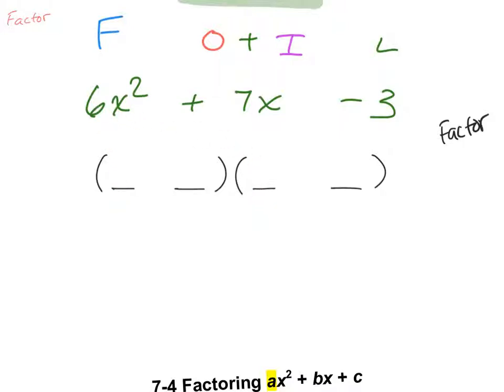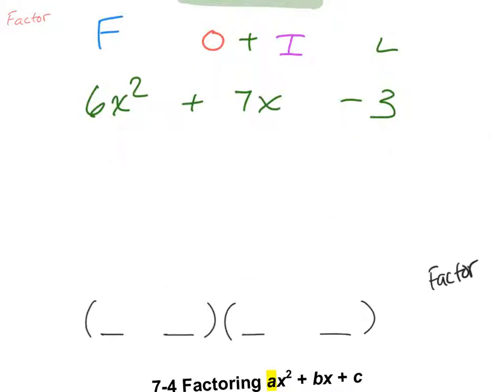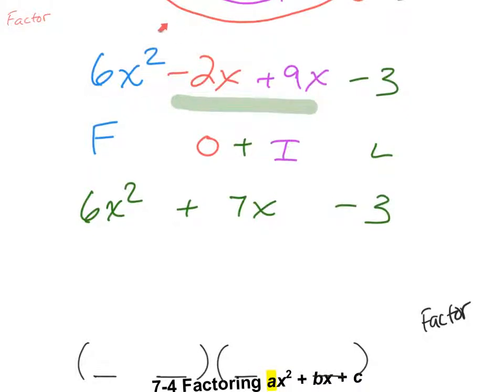The problem, however, is that there's more than one combination of numbers that multiply to 6x squared. You could have 6x times x, you could have 2x times 3x, and you could have a different order, 3x times 2x. Since there are multiple ways, your job is to figure out how to go from this trinomial backwards to this expression before you combine like terms.